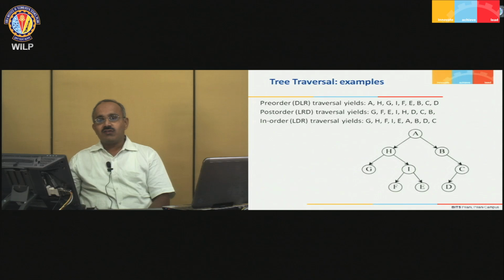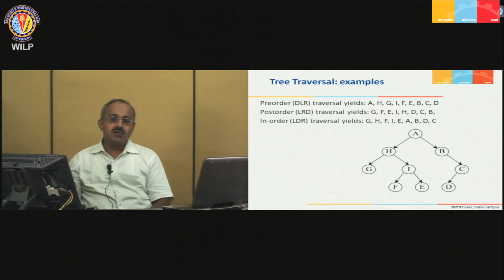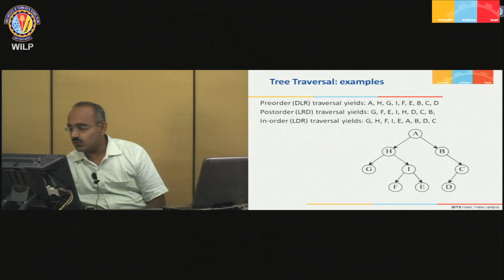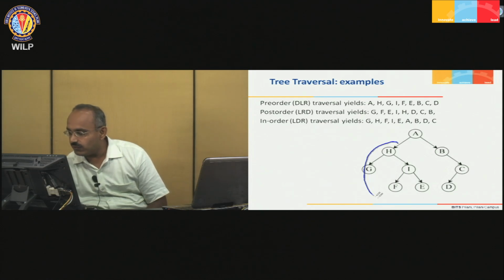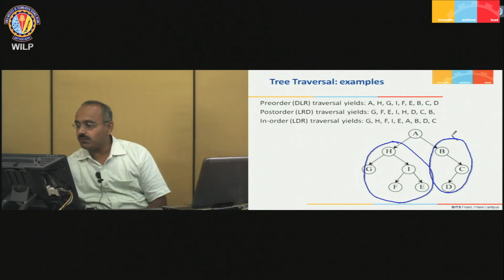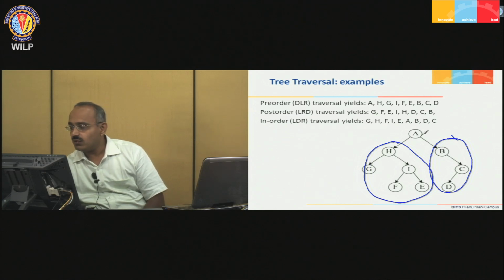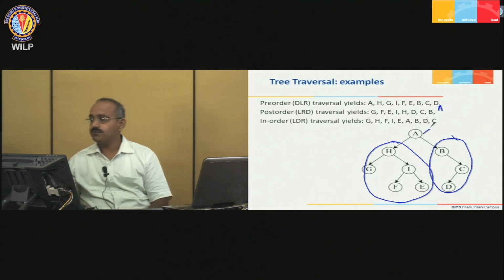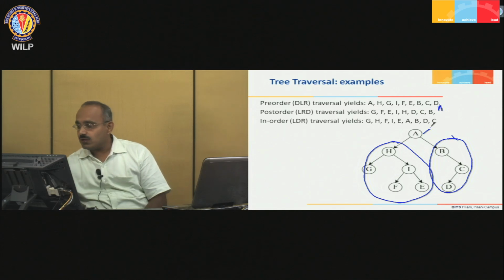The post-order traversal is first the left, then the right, and then the root at the last. So in the post-order, first you are going to traverse the left subtree, then the right subtree, and then you are going to traverse A. This A is missing, so I will just add A here. First you are going to traverse the left subtree in post-order.